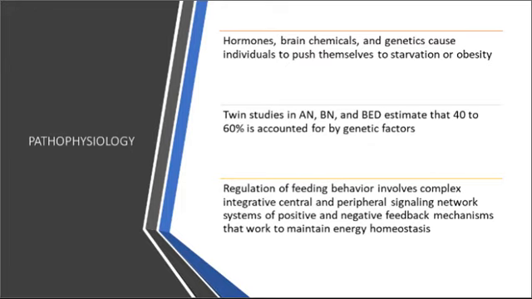Pathophysiology: hormones, brain chemicals, genetic causes can cause individuals to push themselves to starvation or obesity. Studies on anorexia nervosa, bulimia nervosa, and binge eating disorder estimate that 40 to 60% have to do with some sort of genetic factor. Regulation of feeding behavior involves a complex integrative central and peripheral signaling network with positive and negative feedback.